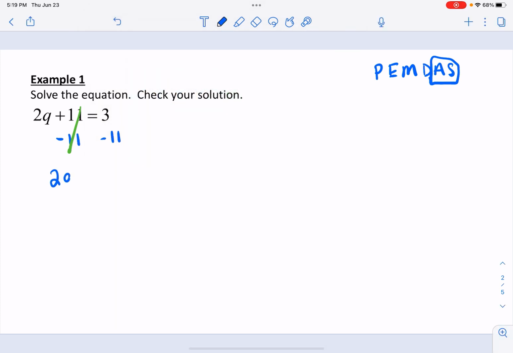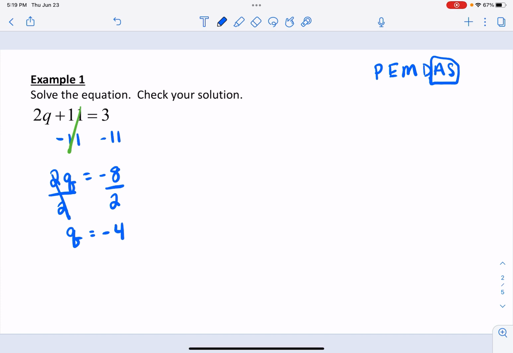And we have 2q equals -8. And then we divide by 2, cancels out the 2, and we end up with a -4.